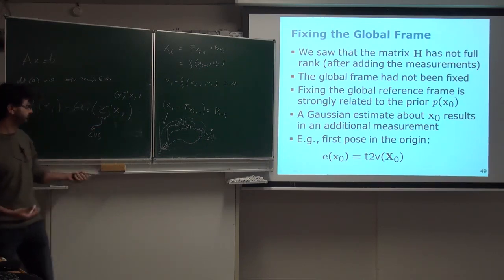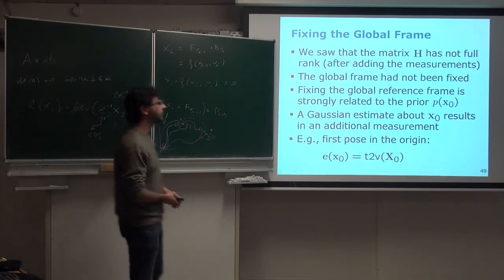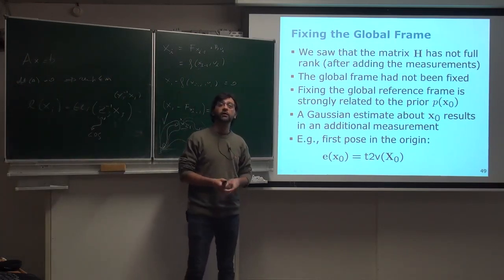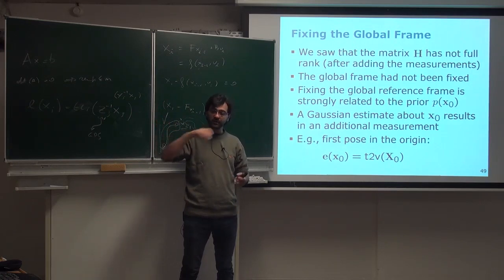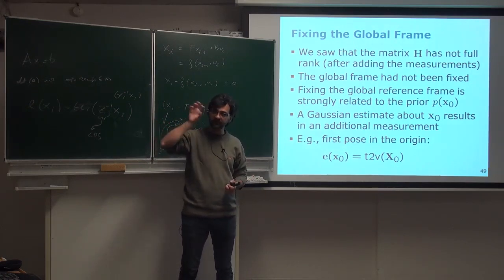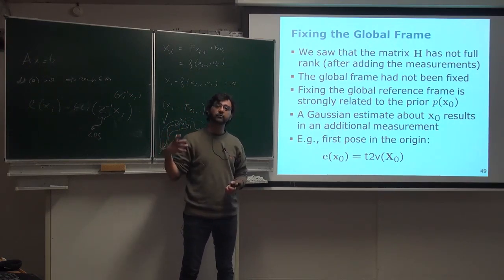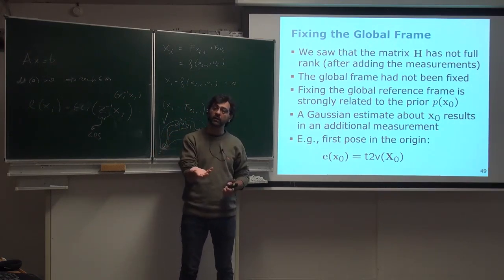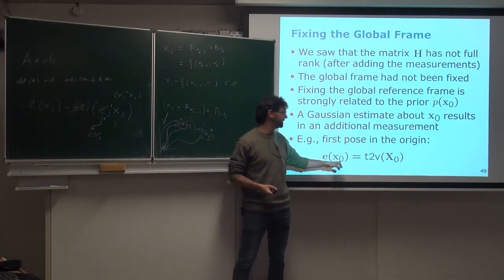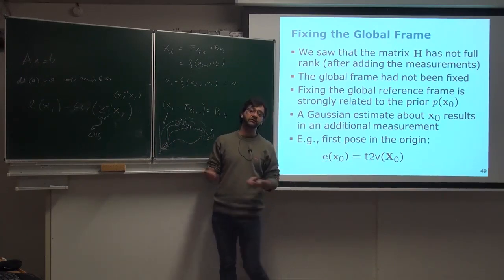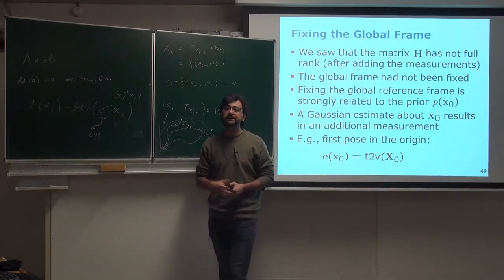Okay? But that's not always the case. So if we have absolute measurements from an external sensor that gives us an absolute or global estimate of a single individual pose, then we don't need to add the prior in our problem. Otherwise, we need to put at least one node to a certain set value, and normally we consider zero.